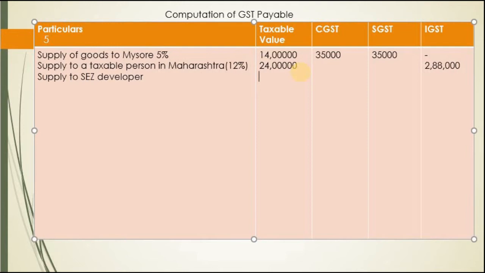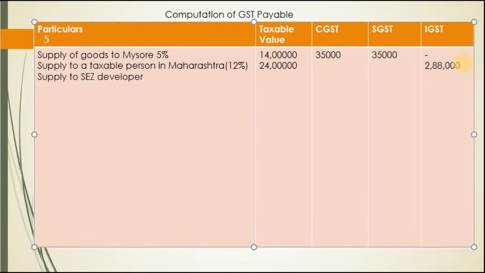Even though the SEZ developer is in Bangalore, and it would be an intrastate supply, the tax is nil, and it comes under IGST. So here you can write zero rate.